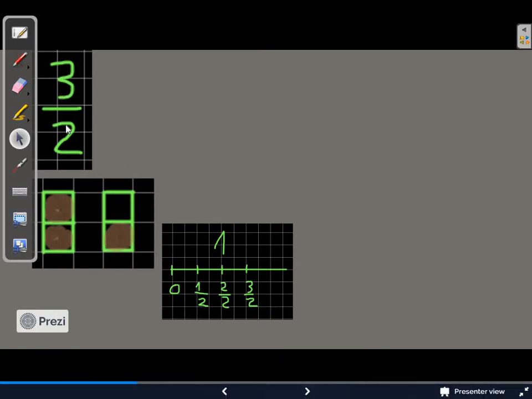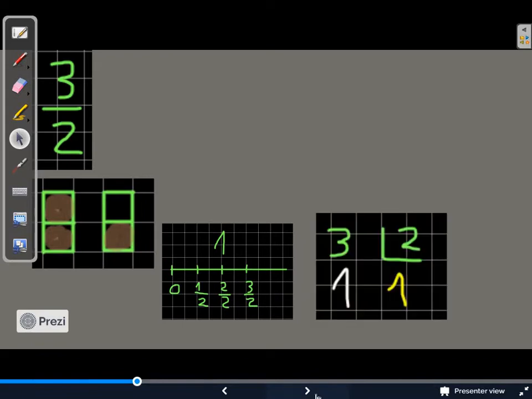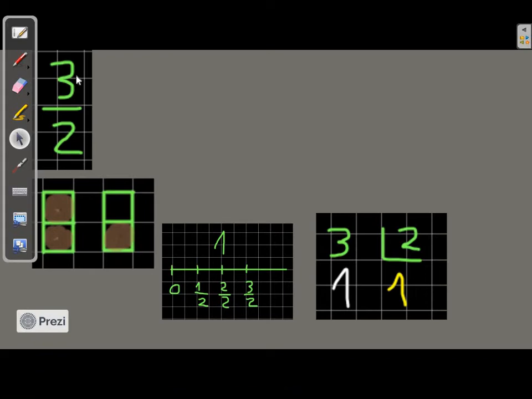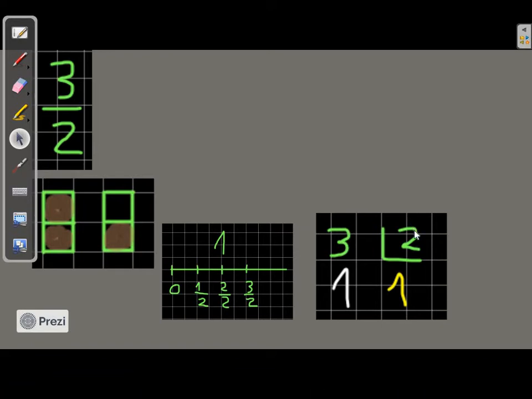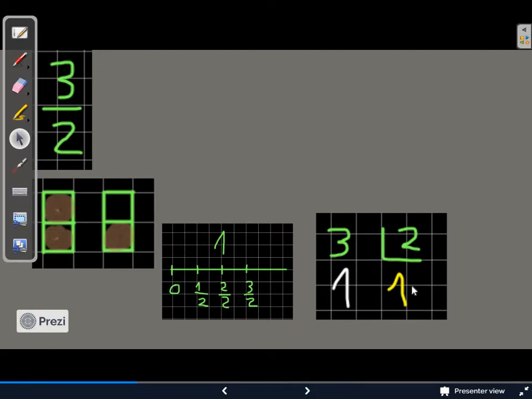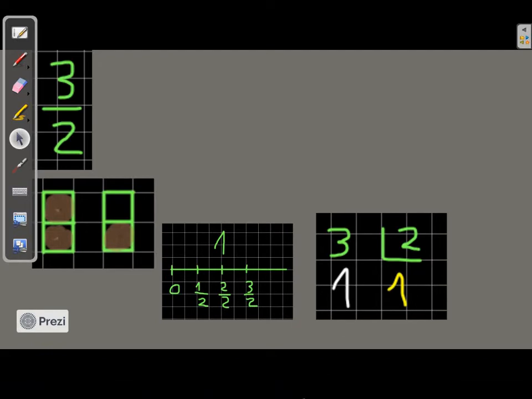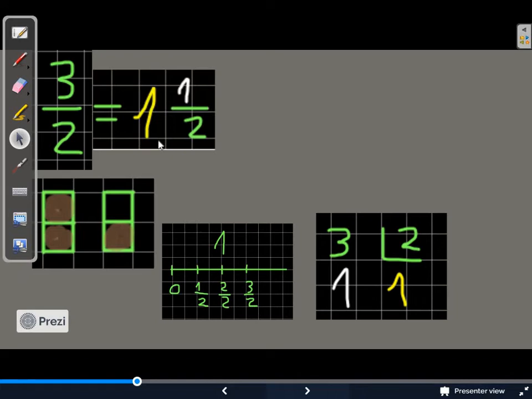But before I go on, I'd like to tell you that improper fractions are the only ones that can be converted into mixed numbers. To do that, we have to divide 3 by 2, but not get into the decimal result. So 3 divided by 2 is 1 and 1 more. So 3 halves is equal to 1 and a half.